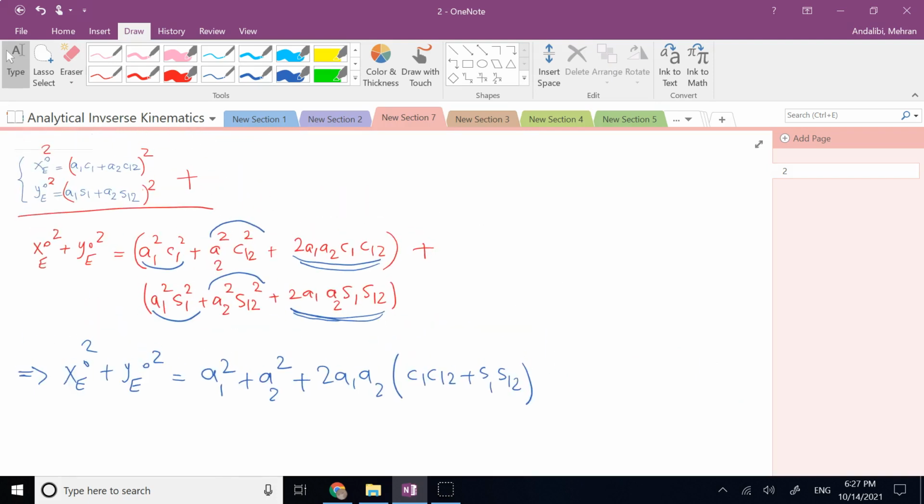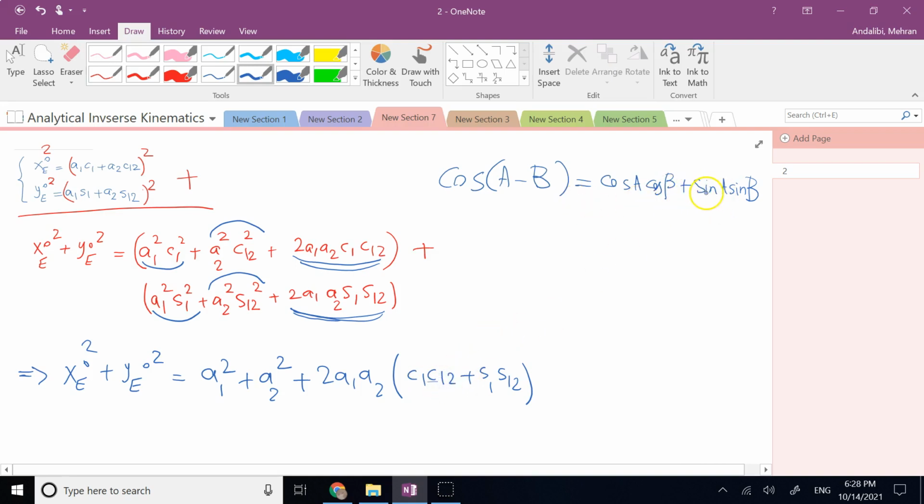And now you might say, well, what is this guy? And that is where tricks come to help you. Cosine of a plus b, as you know, or a minus b in this case. Cosine of a minus b is cosine a cosine b plus sine a sine b. That's what you have.